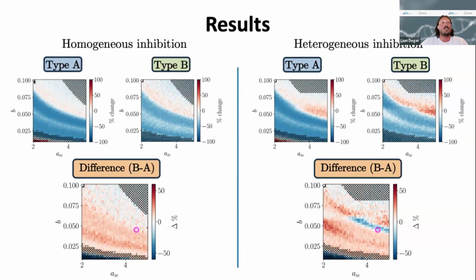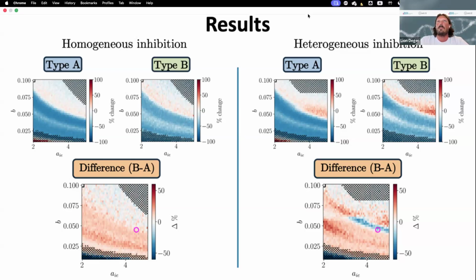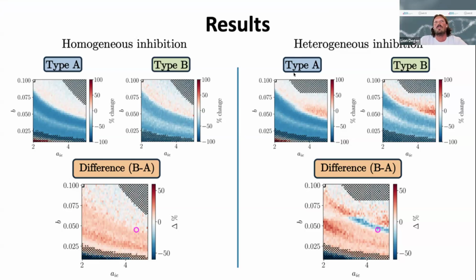And we see that as we go along inhibition, which is kind of to the bottom right, we get a decrease of functional connectivity between thalamus and cortex. And in the heterogeneous inhibition, it looks very similar, but there is kind of a spot, starting here, where you get this blue stripe in the bottom plot.